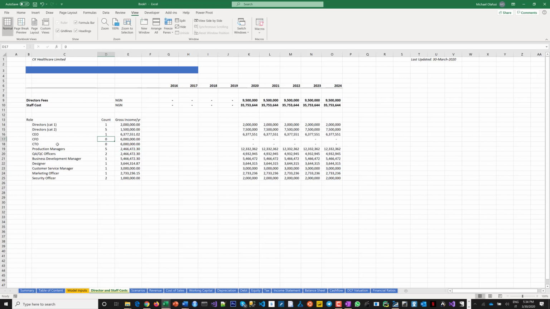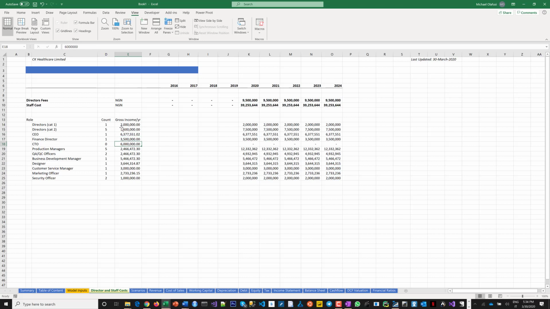So CFO, let's just say they're going to need a finance director, one finance director who is going to earn maybe 3.5, not 35, 3.5 million. The CEO, we can leave that for the CEO.